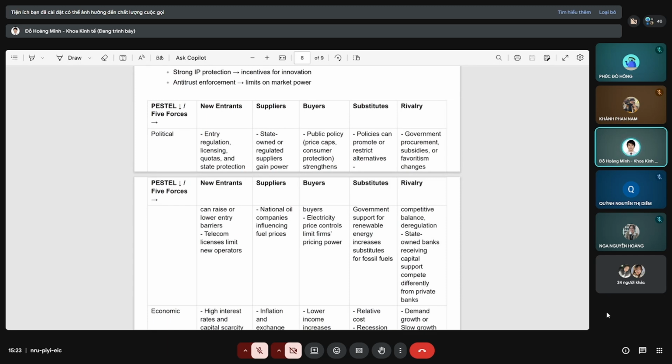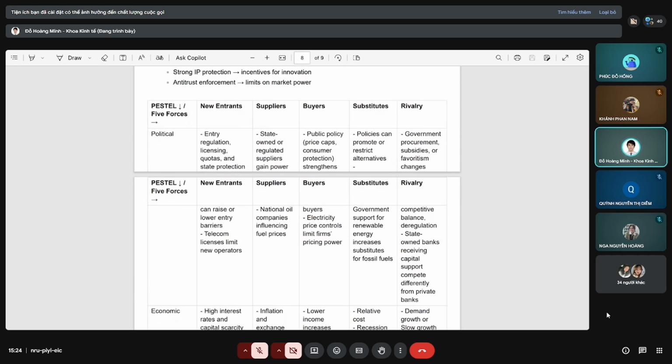For example, the national oil company controls the fuel prices, because that company is owned by the government, and they have the privilege to extract oil, process the oil, and then sell the oil.